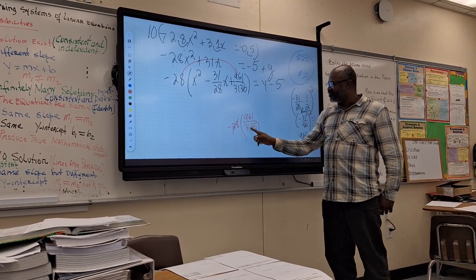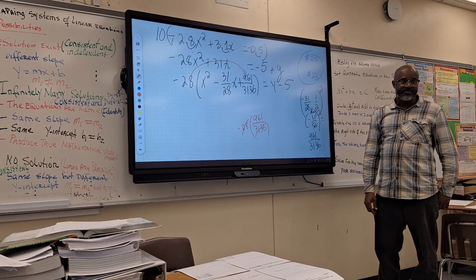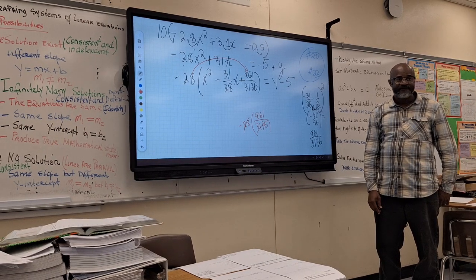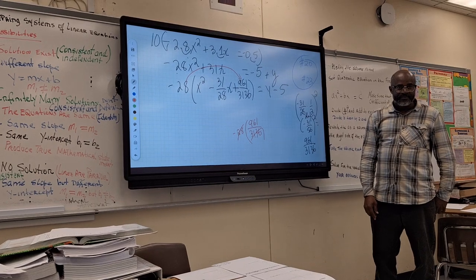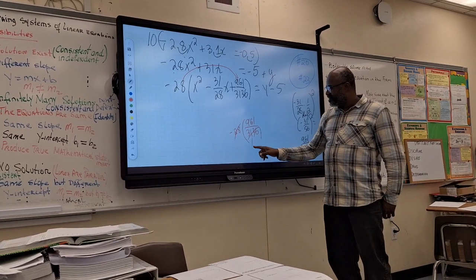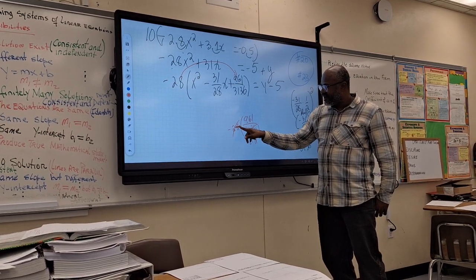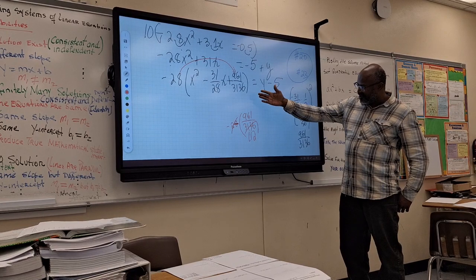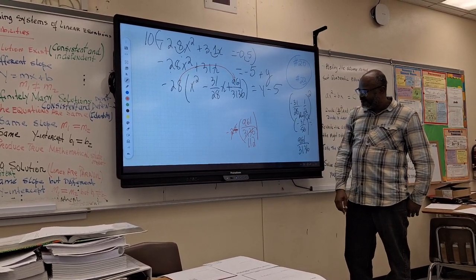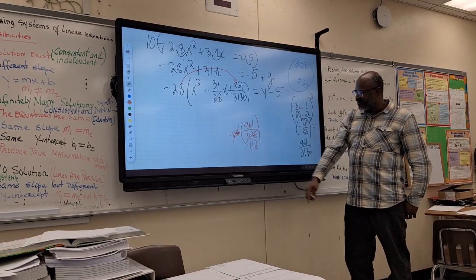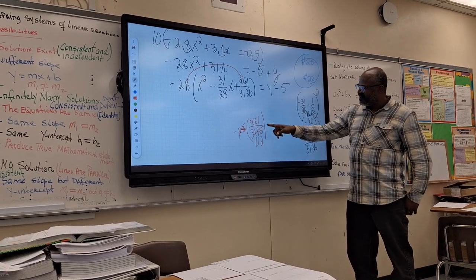This becomes 112, but negative, right? So hopefully those things have something in common. That's the only thing we can do. Try to divide this by 3. I don't think so. Then that's what we add on that side.